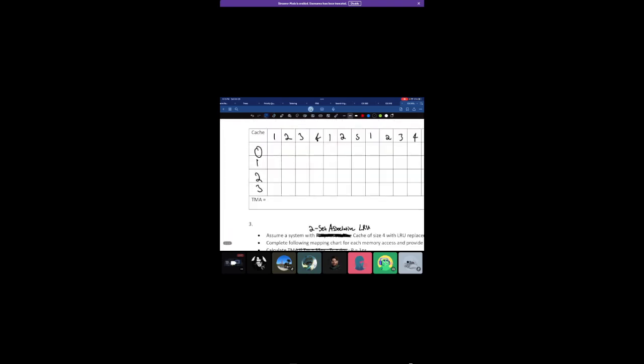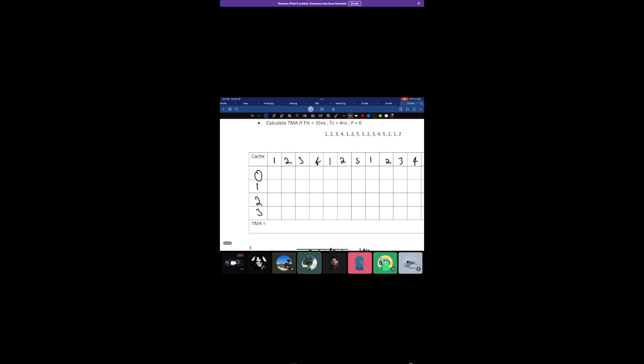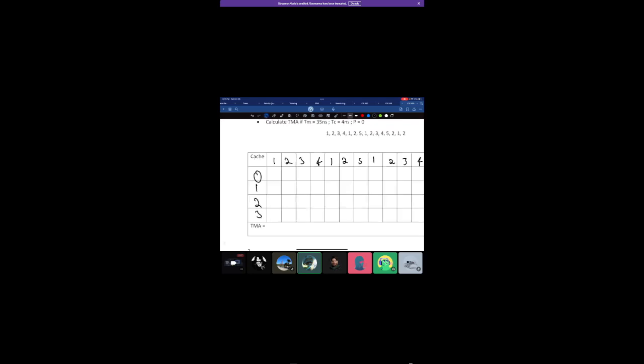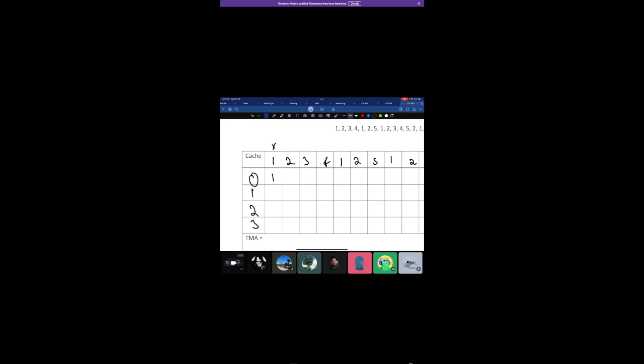So let's see. First one in is going to be 1 because we have nothing in the cache, and that's going to be a miss. 2, nothing in the spot it's supposed to go to, so that's put there. Okay.